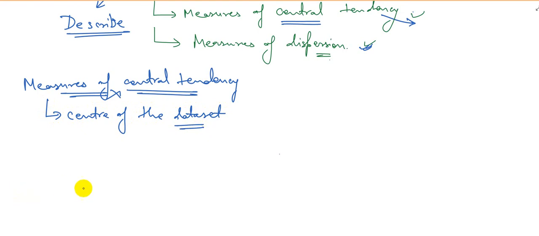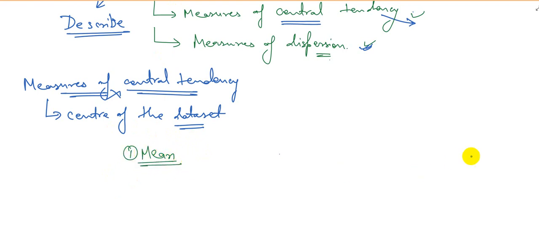They tell you about such a value which can be regarded as a representative of all the values, which is the center of all the values. There are a lot of them, and the first one which we have to study in our course is the mean.